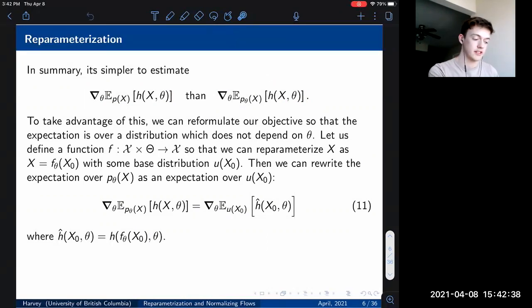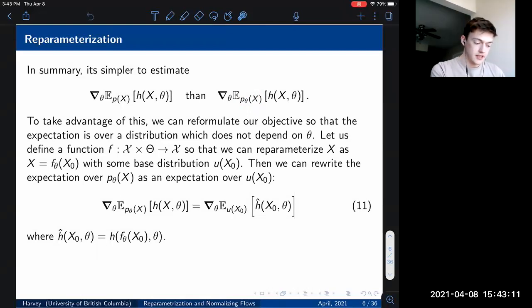Then we define some function f, which depends on the parameters theta and also x0, and maps to x. So we have x is f theta of x0. If we define our base distribution and this function f correctly, then we should get an x here that has the same distribution as the x up here, p theta of x, that we're trying to keep it the same as.